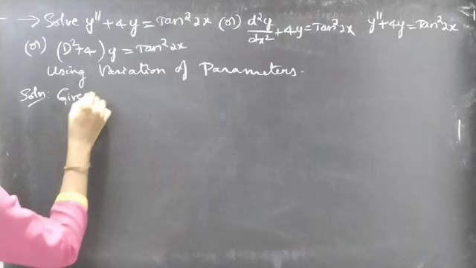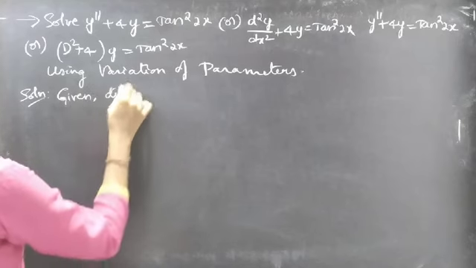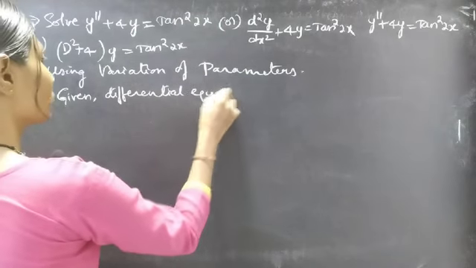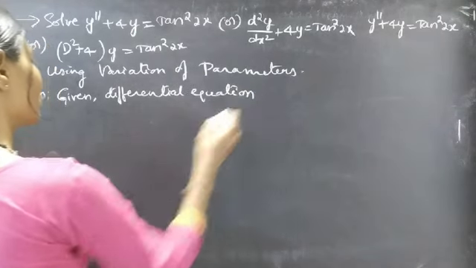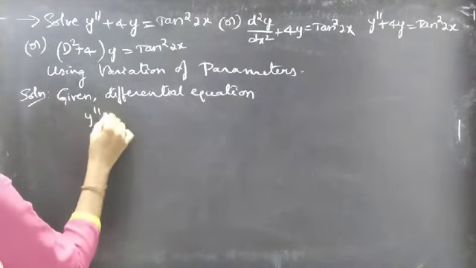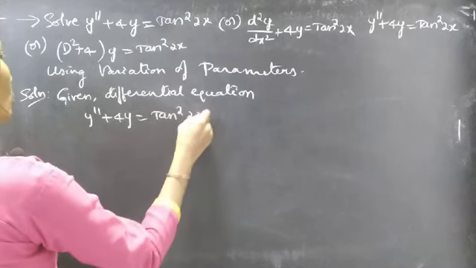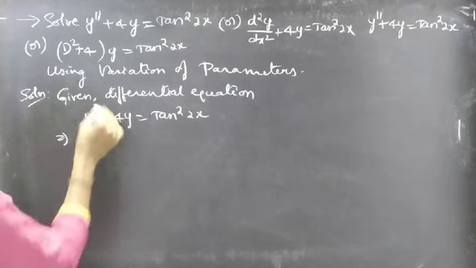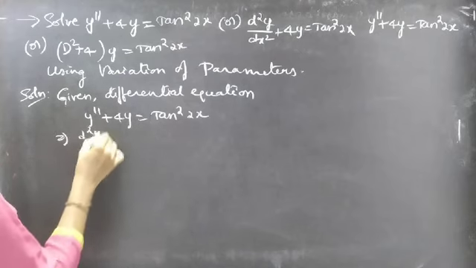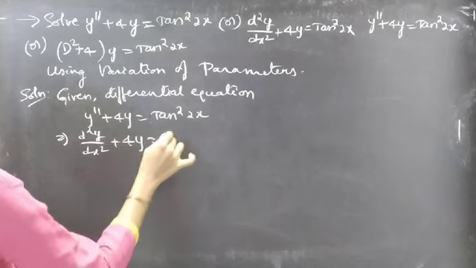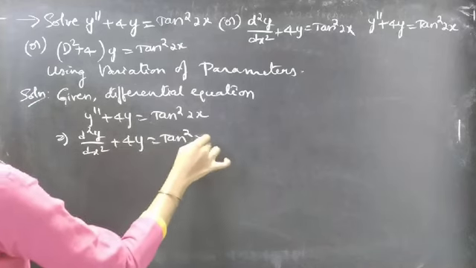Given differential equation, y double dash plus 4y equal to tan square 2x, or we can write y double dash as d square y by dx square plus 4y equal to tan square 2x.